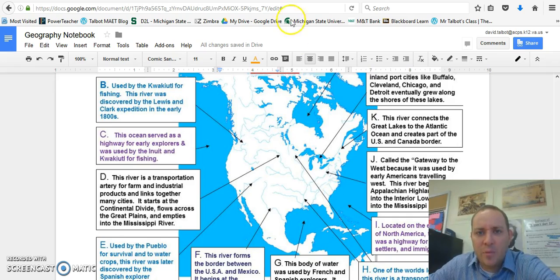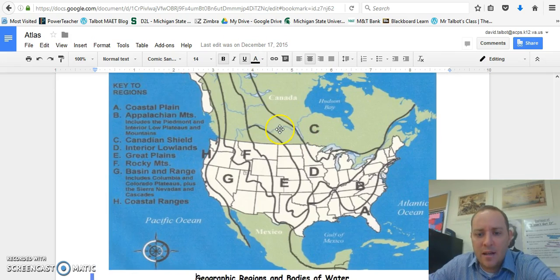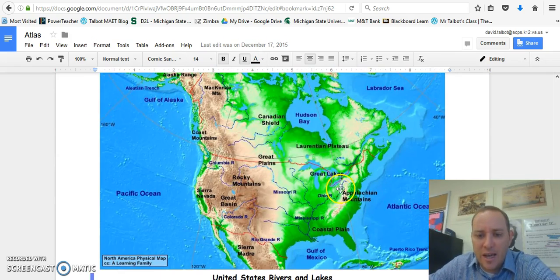Something that can help you figure this out is looking at the map that shows the regions and the bodies of water. Obviously if there are mountains here, the river's going to flow down the mountains. If there are mountains here, Rocky Mountains, this river's going to start here and flow down into the interior lowlands. If you get stuck on that, definitely ask 3 or ask me, and good luck with this assignment.